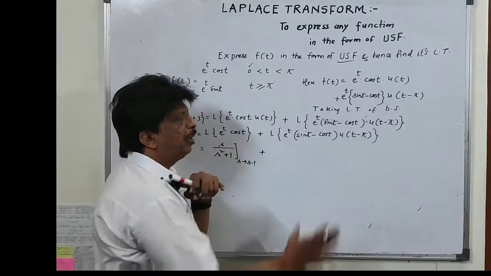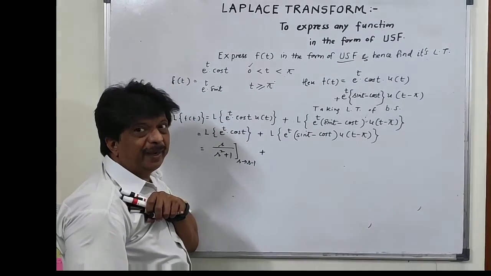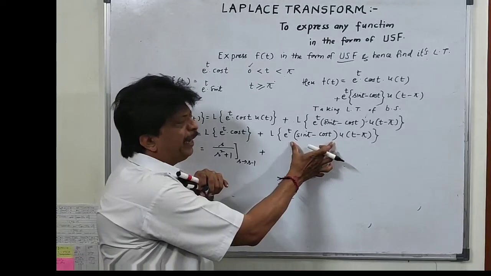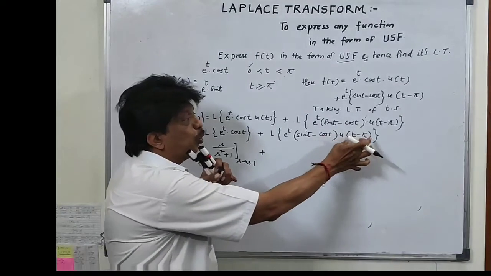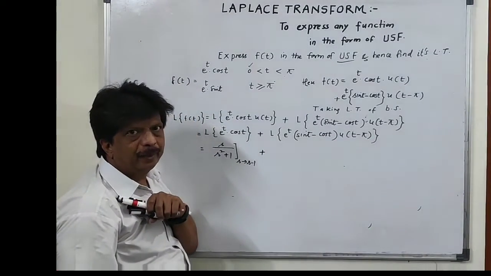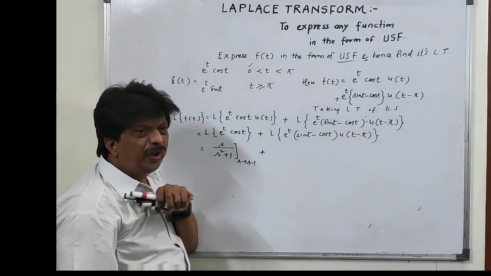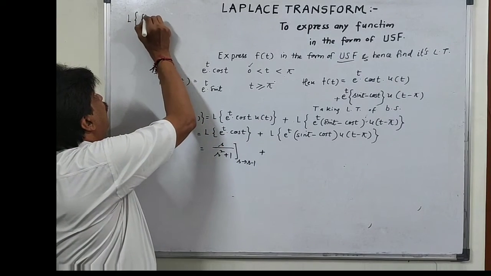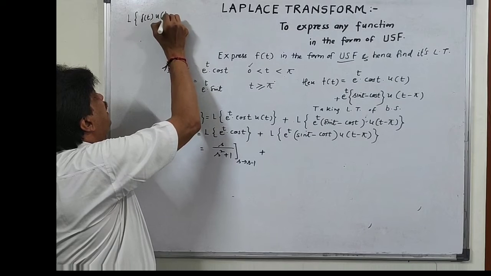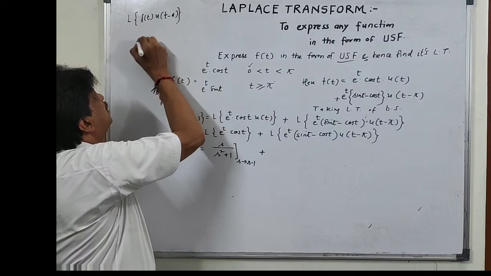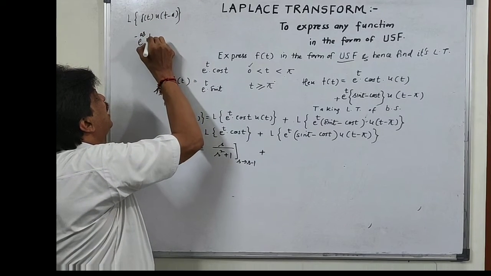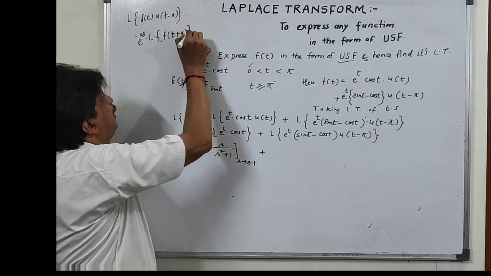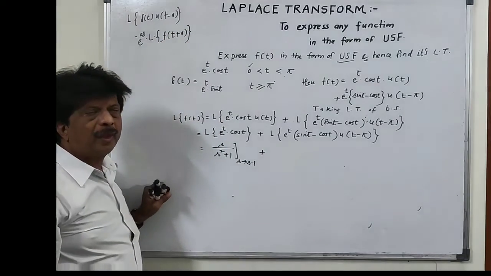Now this is most important. This is of the type Laplace transform of f of t into u of t minus a. We have shown that Laplace transform of f of t into u of t minus a is equal to e raised to power minus as into Laplace transform of f of t equal to t plus a.